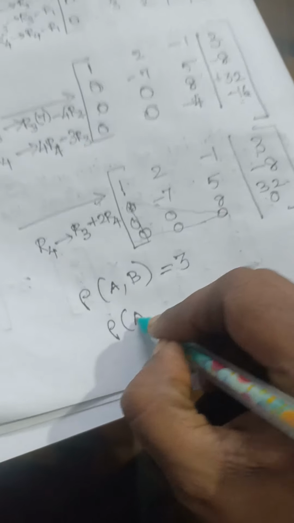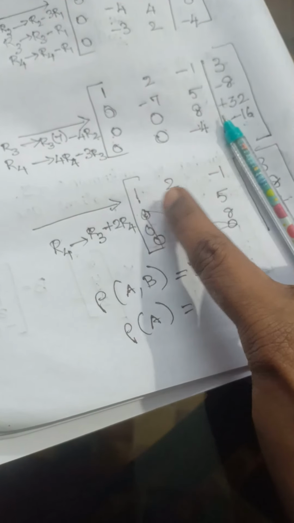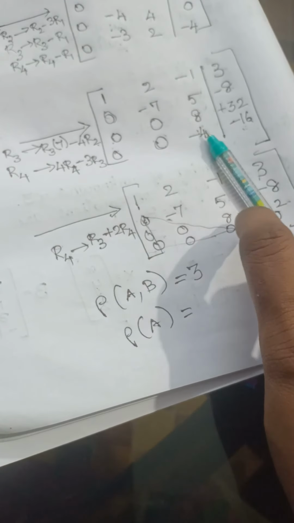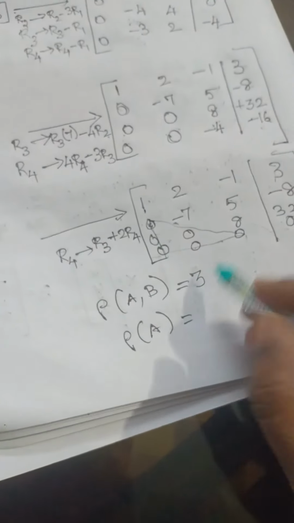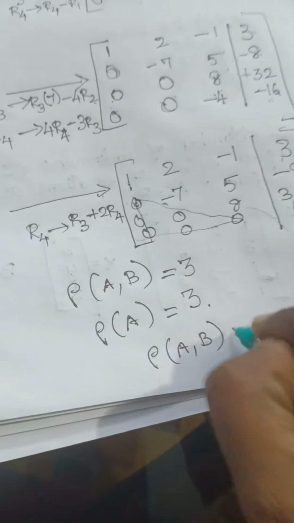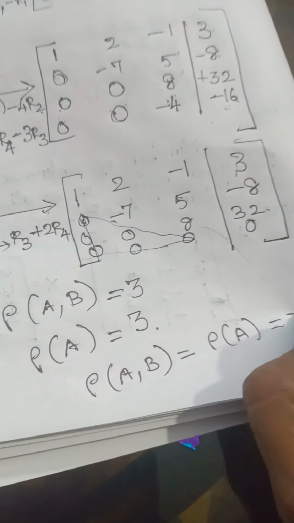Rank of A, if I see, hide the last column. So this is the A matrix alone. For this also the rank is the number of non-zero rows, 1, 2 and 3. So I have got the rank of A to be 3. Rank of AB is equal to rank of A, which is equal to 3.